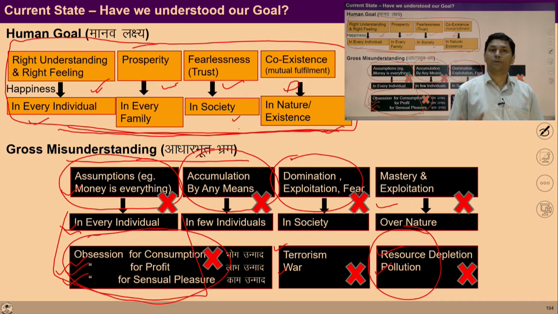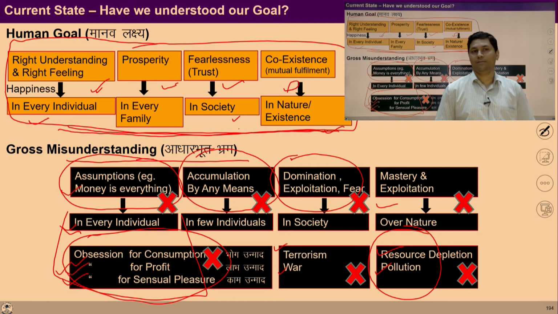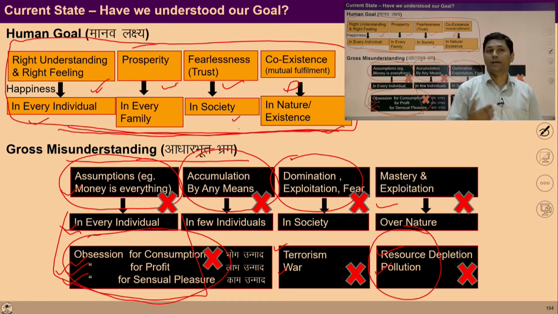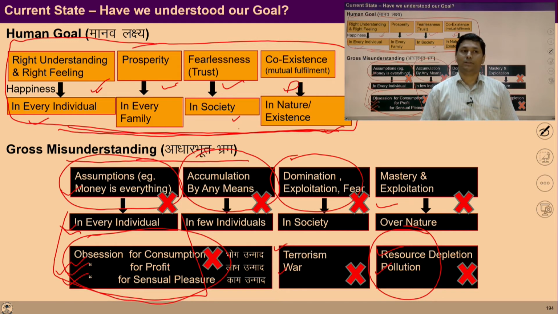Similarly, most of the time we are doing things to get respect from our society. We have not understood the feeling of respect because of lack of right understanding in myself. We have not understood that respect is not a thing just to get from outside. Rather, it needs to be established in oneself.